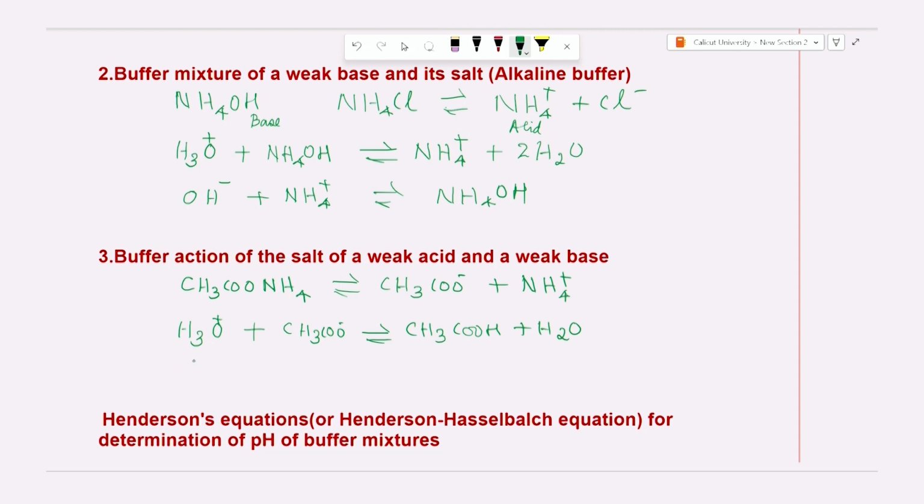Suppose I am adding an OH minus ion from an alkali, that is, if you add an alkali, it combines with ammonium ions and gets converted into ammonium hydroxide. Again, there will not be an excess of OH minus ions. So, even salts of weak acid and weak base can also act as buffers.